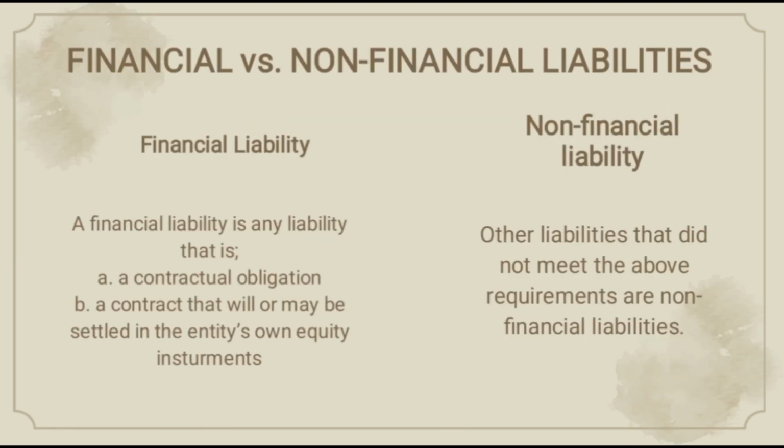A financial liability is any liability that is a contractual obligation to deliver cash or another financial asset to another entity, or to exchange financial assets or financial liabilities with another entity under conditions that are potentially unfavorable to the entity, or a contract that will or may be settled in the entity's own equity instruments and is a non-derivative for which the entity is or may be obliged to deliver a variable number of the entity's own equity instruments, or a derivative that will or may be settled other than by the exchange of a fixed amount of cash or another financial asset for a fixed number of the entity's own equity instruments.